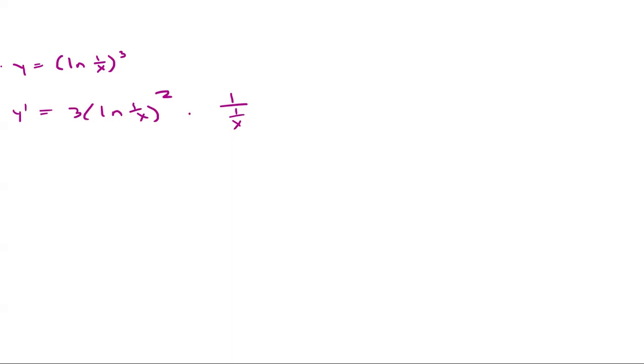And then we take the derivative of 1 over x. So 1 over x is equal to x to the negative 1. So the derivative of that is going to give us negative 1 times x to the negative 2. Okay. So in this case, we're going to multiply this by negative 1 times x to the negative 2. All right.